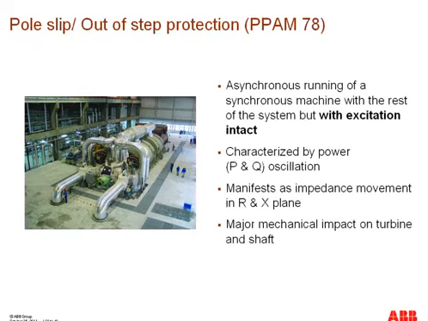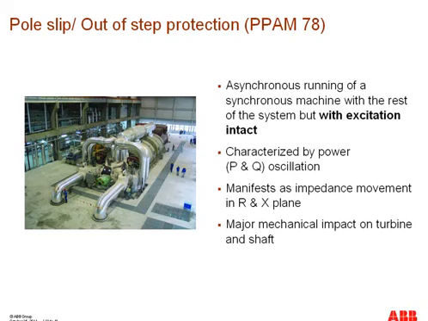Let's talk about the pole slip or out-of-step protection. This situation happens when the machine runs asynchronously with the rest of the system, but with the excitation system intact. And this has a lot of serious implications when the machine slips a pole or goes out of step.